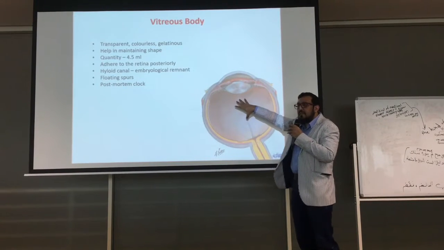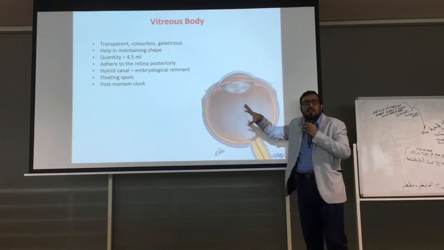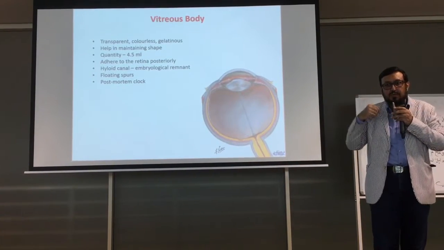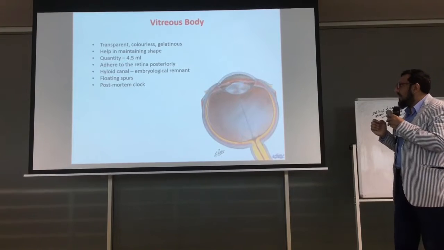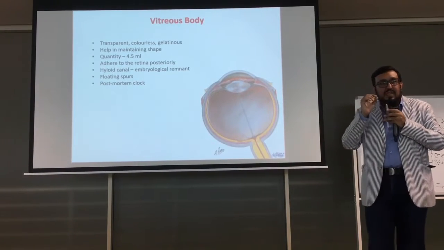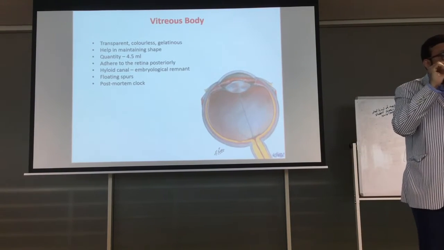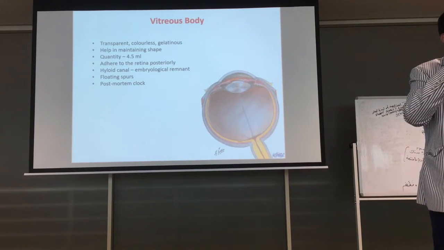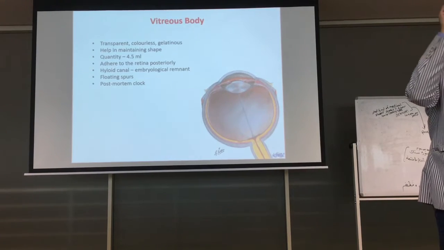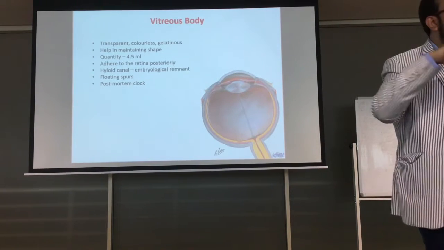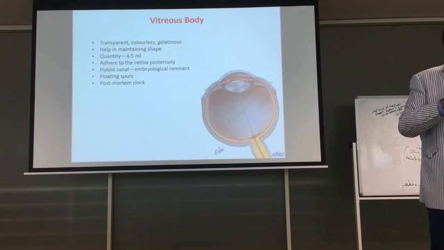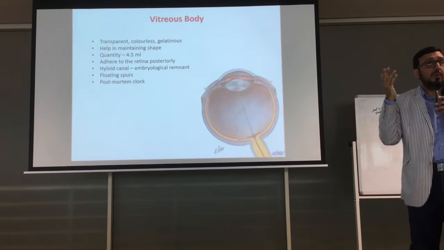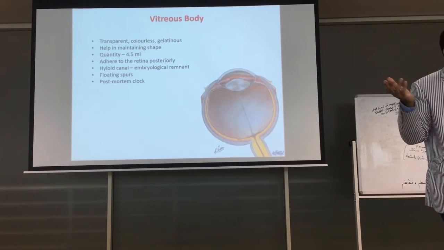We cannot have a solid structure in between because we need a transparent structure so that light can easily go through. One problem with this vitreous body is that it also contains small collagen fibrils, which though transparent, if they become opaque, will produce small floating substances in your visual field. If those are too much and bothering the vision a lot, then we have to remove the vitreous body and replace it with another artificial gel.